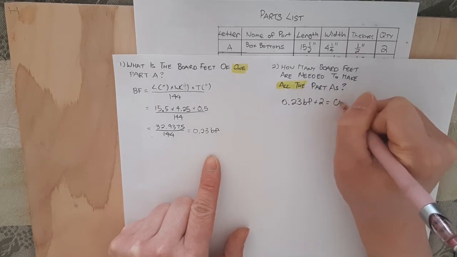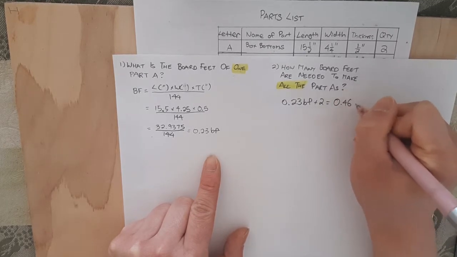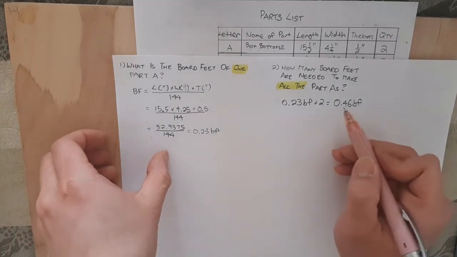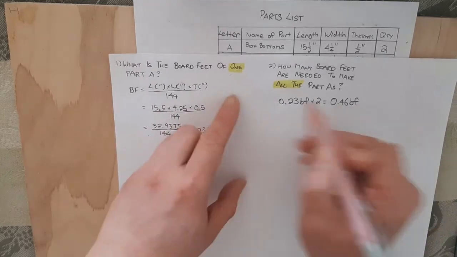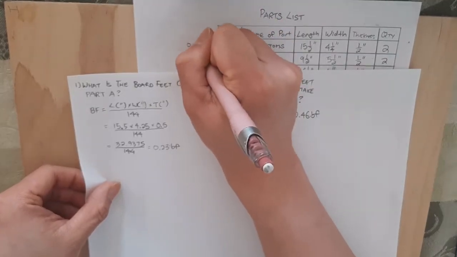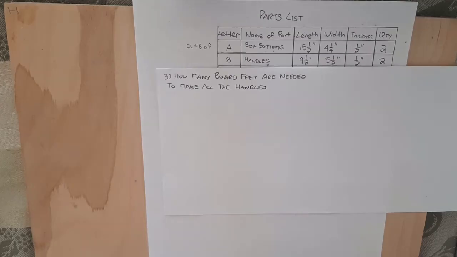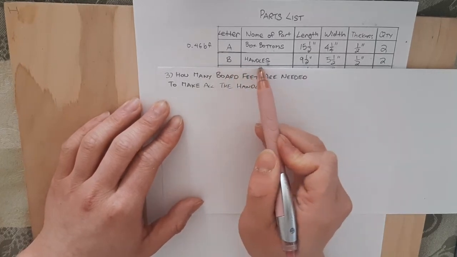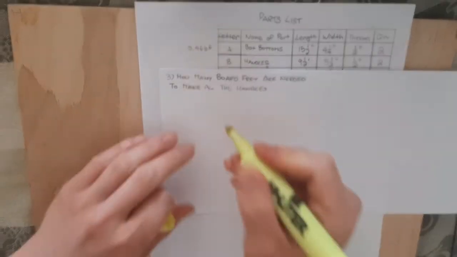And that gives us 0.46 board feet. Now, just so I don't forget, I'm going to take this and just write this next to my parts list. All right, and so let's put this all together as we try this again for figuring out the board feet needed for all the handles.